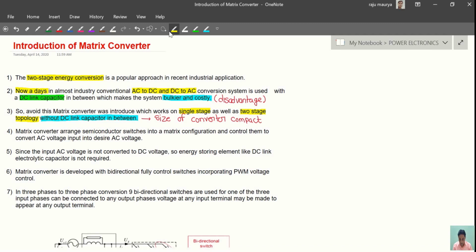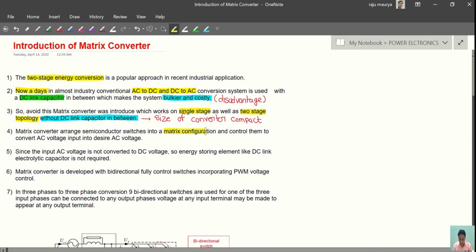A matrix converter arranges semiconductor switches into a matrix configuration and gives the desired AC output voltage. Since AC voltage is not converted to DC voltage, an energy storing element like a DC link electrolytic capacitor is not required in this case.